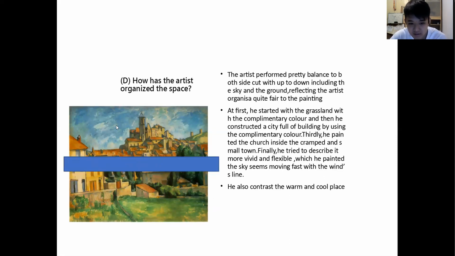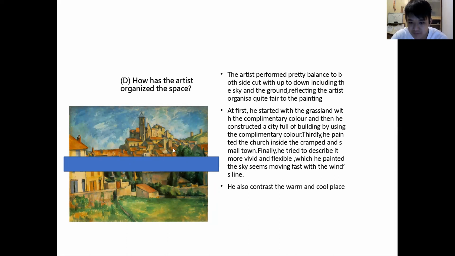And the artist organized it very well prepared. The artist first started painting with the grassland in the complementary colors, and then constructed a city full of buildings using complementary colors, such as the many apartments.